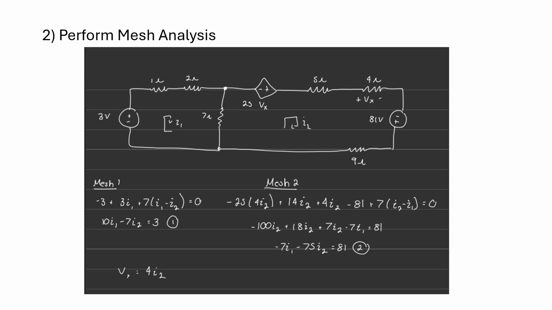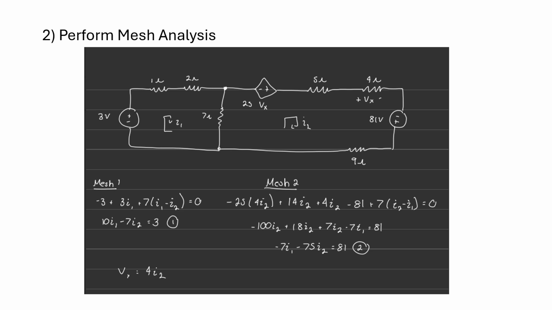Now moving on to the right mesh, we get minus 25(4I2). The original is 25Vx, but we've labeled Vx to be on the 4 ohm resistor, and Vx according to Ohm's law would be 4 times I2, since I2 is the current running through this right mesh. That's how we get the minus 25(4I2).